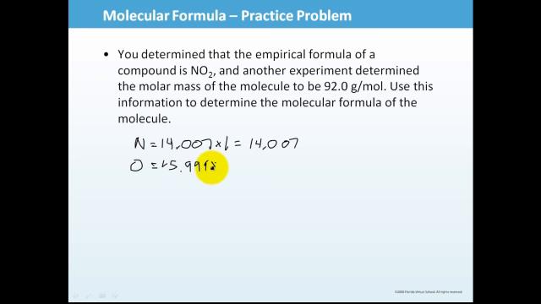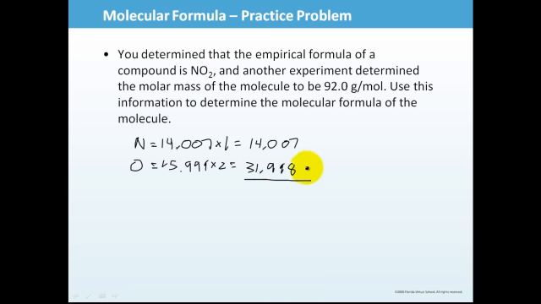There are only 2 of those in the formula. So 15.999 times 2, and we get 31.998.